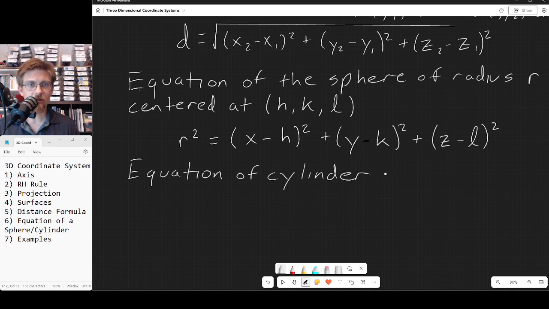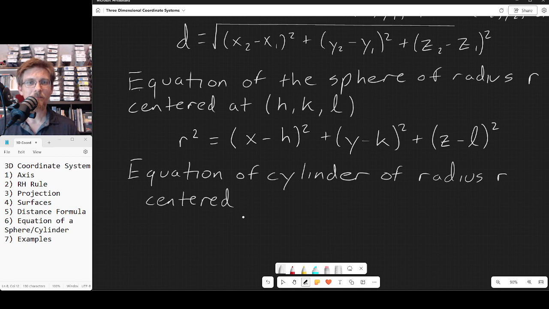So, the equation of a circle of radius r and centered. Well, centered is really kind of a strange term to use here, because we're centering in terms of a plane.